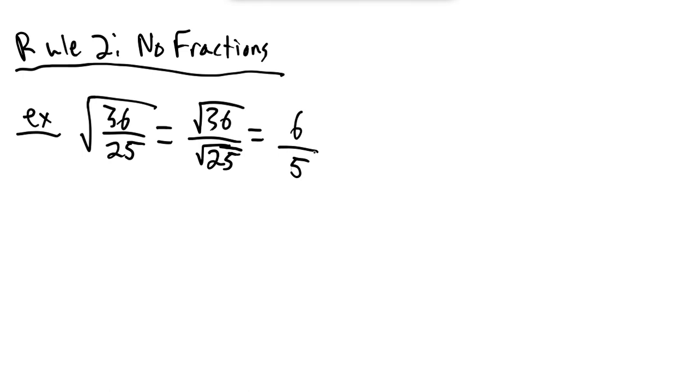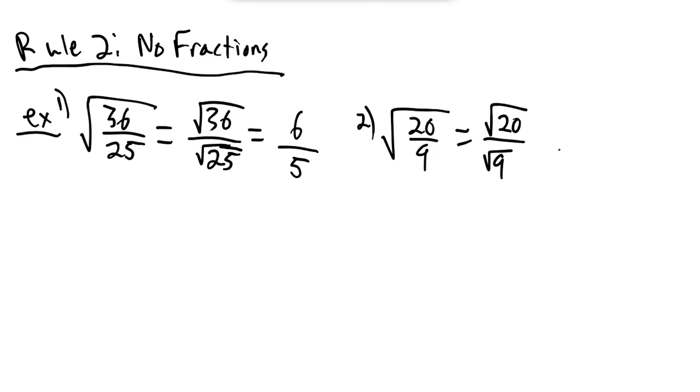All right, let's look at one that's slightly harder. Let's look at the square root of 20 over 9. We'll call this problem 2, problem 1. We're going to split this up so we get the square root of 20 over the square root of 9. And we know the square root of 9 is just 3, but what's the square root of 20?